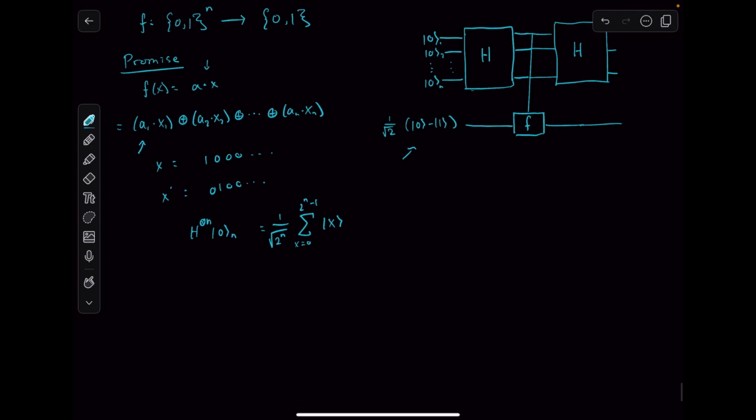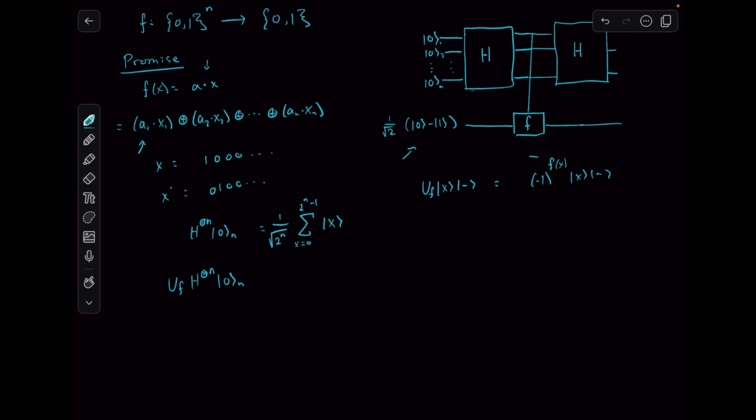And now the next step is we apply our unitary, which is this controlled f I have written in the circuit. And the result of this, if we recall from the previous video, U of f on some generic input x, while our output register is in this minus state, is negative 1 to the power of f of x, and then minus.